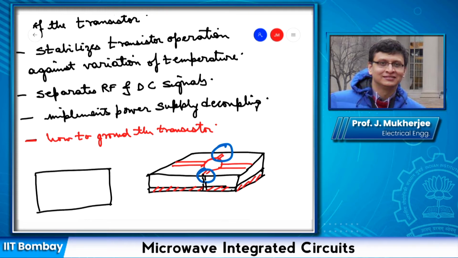suppose this is a breadboard which has a grid-like structure, a simplified version of a breadboard. Say your transistor is sitting here, and you can simply connect it to the ground line. So this is your ground, and you can create another ground line here, and say your supplies are connected to some other terminal.